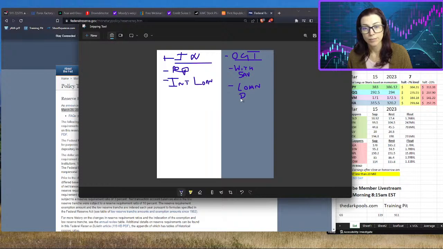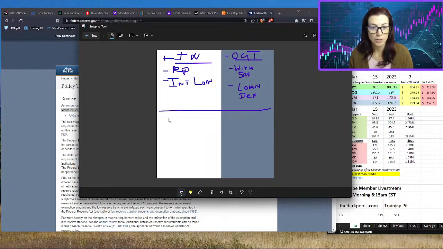Right? And maybe if people, they've got the deposits, what's going on right now economically? High interest rates plus interest rates. What does that mean? That means loan defaults.